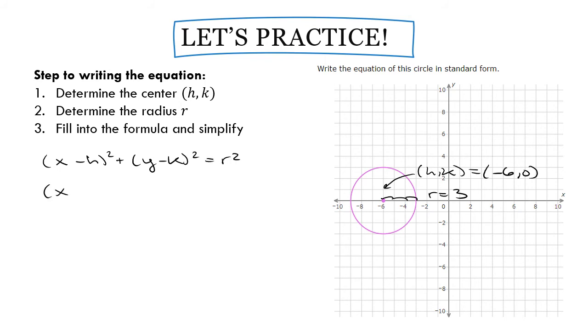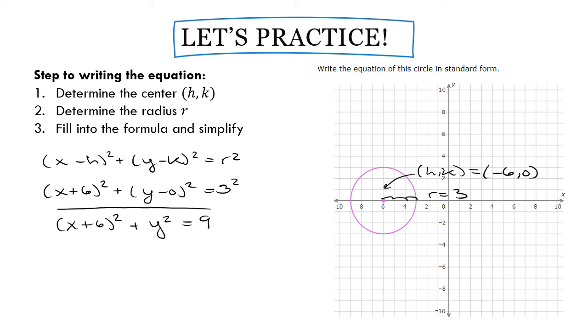Well, h is negative 6. I've got minus and I've got a negative 6. That turns into positive. And then y minus 0. r is 3. So we have this. I'm not going to FOIL that. I'm going to leave it as (x plus 6) squared plus y squared equals 9. This is my final answer.